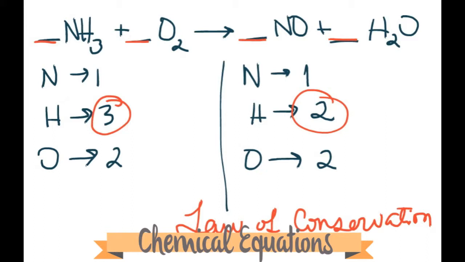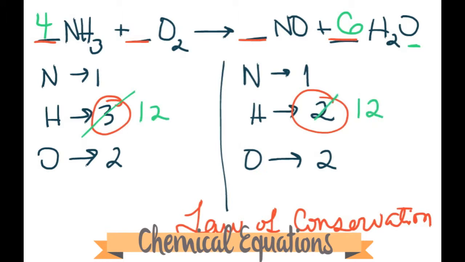However, by doing so, we are also adding a coefficient in front of oxygen that is in H2O. We can add a 6 in front of the water molecule, add a 4 in front of ammonia, in order to get a total of 12 hydrogen atoms on each side.